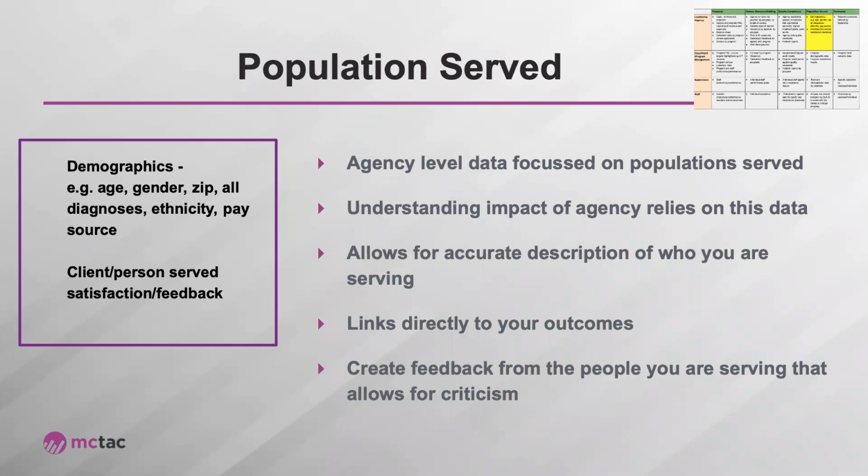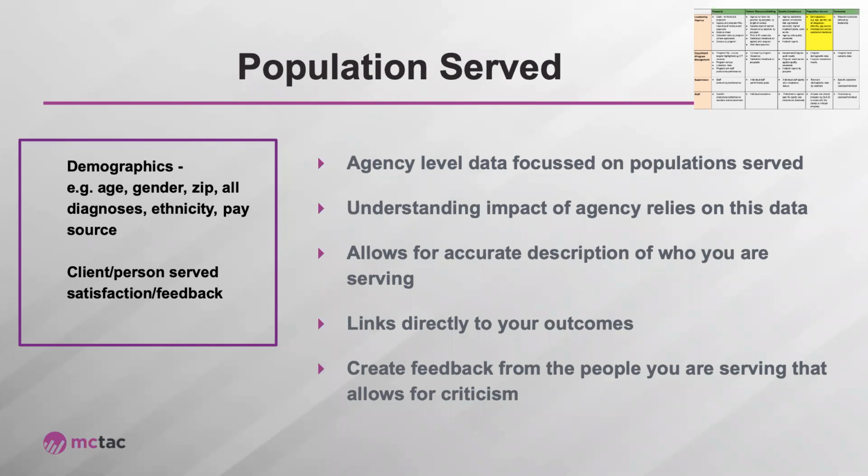And it's important to understand as well whether the people you're serving are skewed away from what the mission demands, and also what the community in general looks like. So this information really begins to tell you a clear picture of who you're serving, what those outcomes are on the population you're serving, and whether there's any relationship or issues you need to be looking at in terms of who you're serving versus the community you're providing the services in.